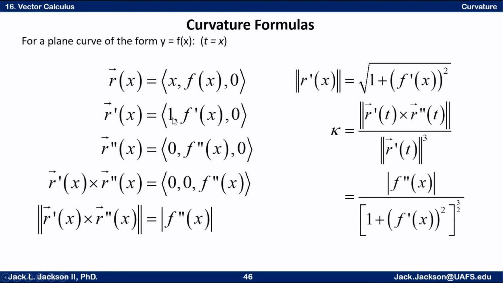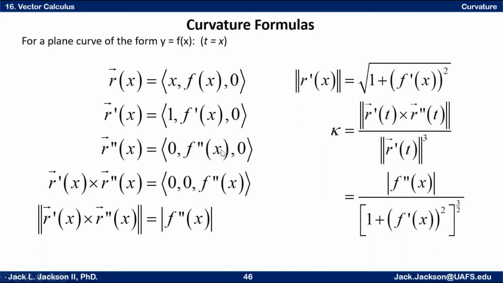You could think of this as a sum of i's and j's. This is i plus f prime j, and this is times f double prime j. If you distribute that, you get 1 times f double prime, i times j. And here you have f prime times f double prime, and then you've got a j times j.